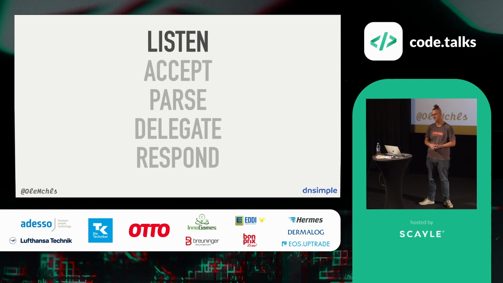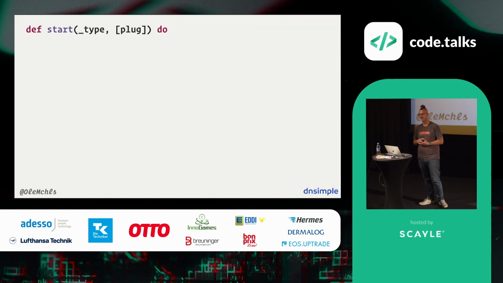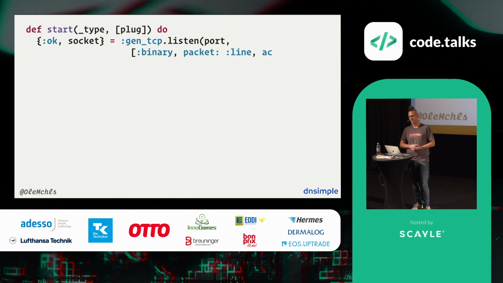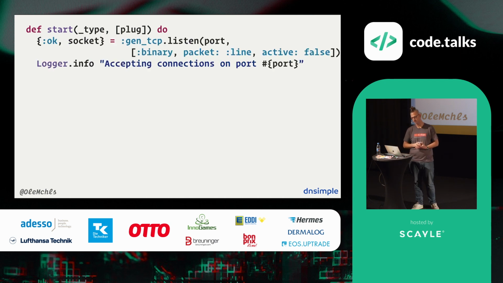First thing is listen. So in Stupefy, listen follows the same interface as a GenServer. But as I already mentioned, it's not a real GenServer for many reasons. I just wanted to have the ease of starting it with an IEx, like a short console command, and didn't want to write my own thing. So we start by using gen_tcp to listen on a specified port that comes out of the magic from here in this example.